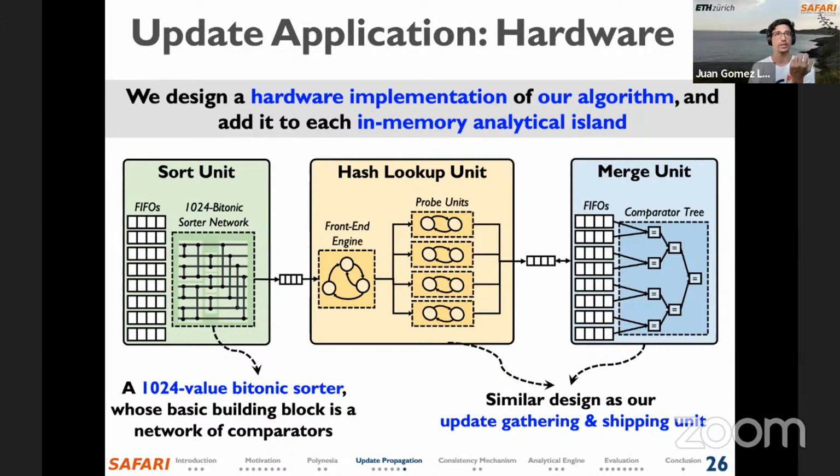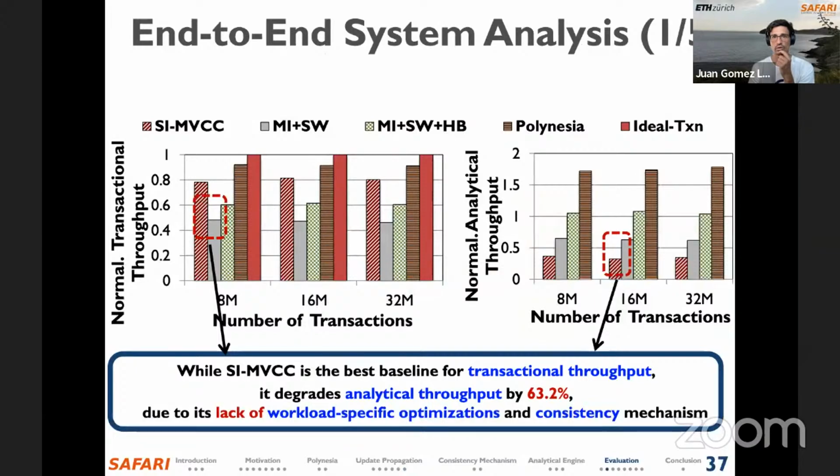In the meantime, my last question is related to the evaluation, because I saw that you compared the throughput of Polynesia for transactions to an ideal reference, but I think that's not the case for the analytical. Is there any reason for that? Yes. Those are two different metrics, and we want to keep one normalized metric across all of the evaluations.